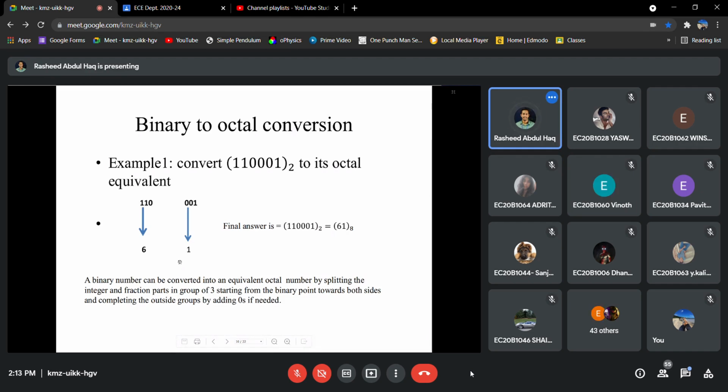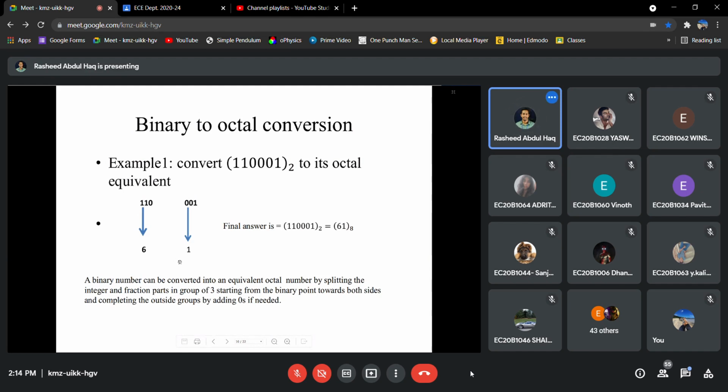Okay, in the case of this one, 110001, which has a base of 2, a binary number, we need to convert that into an octal number. It is very comfortable since it has 6 digits. We take the least significant group, that is 0, 0, 1, that is 1, 0, 0, and then the other group, which is 0, 1, 1.